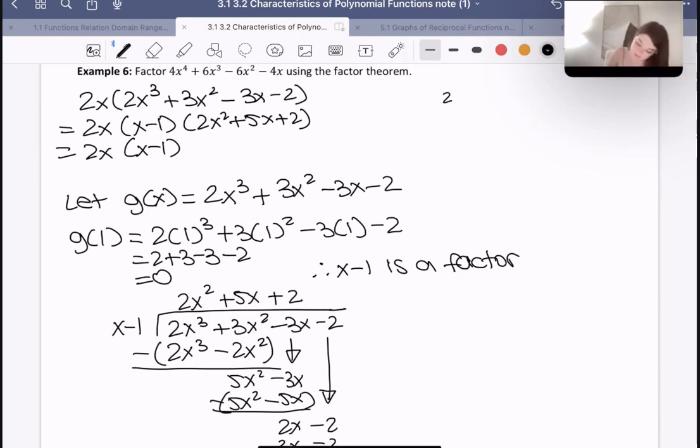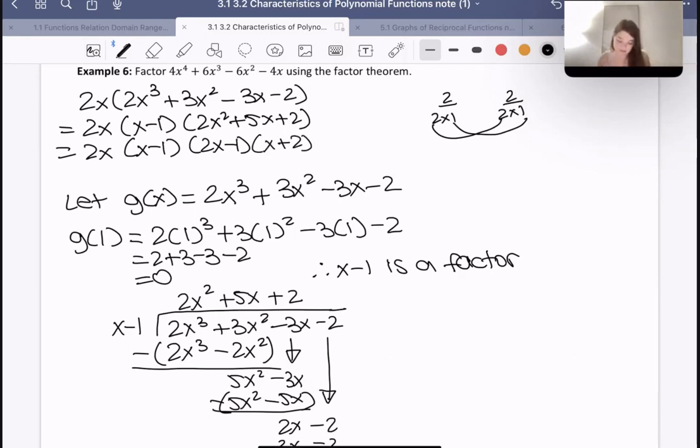If we do 2 and 2, we can multiply the 2's together and the 1's together and add those up. So 2 times 2 plus 1 times 1 gives us 5, which is our middle term. And we can end up realizing that the answer here will be 2x plus 1 and x plus 2. And there we have it.